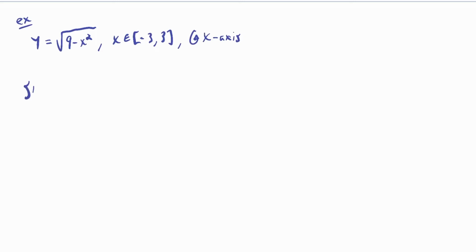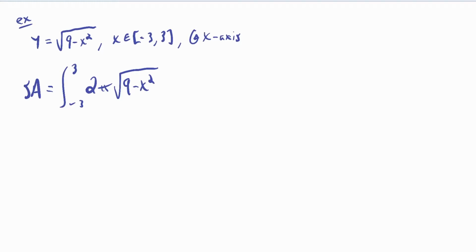So the surface area, this will be the integral from -3 to 3 of 2 pi times the square root of 9 minus x squared times the square root of 1 plus dy dx squared dx.